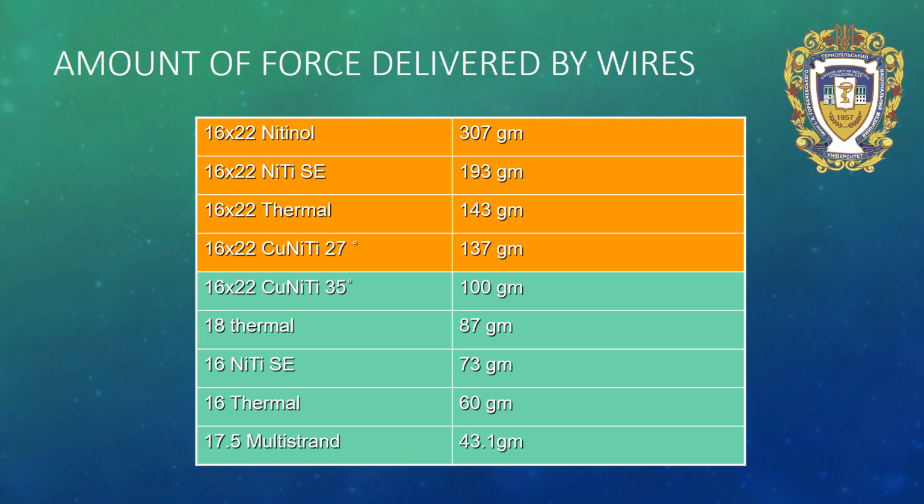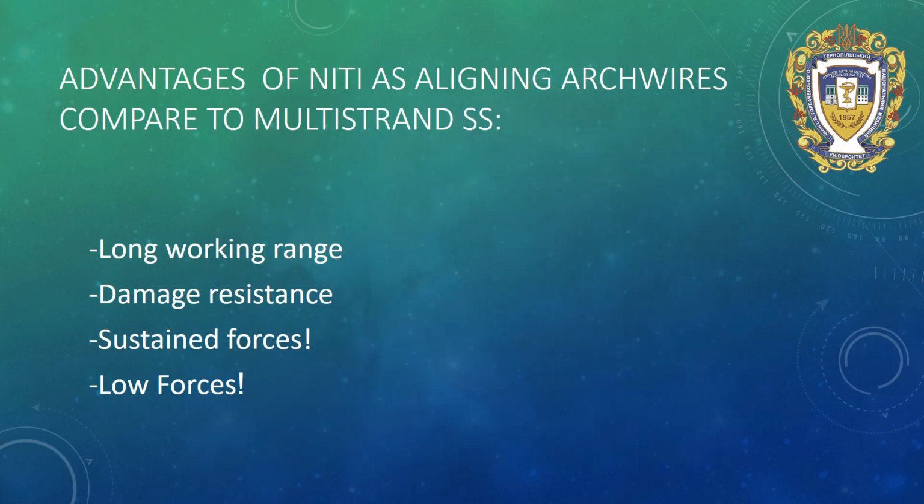The most force is delivered by size 16 to 25 traditional nitinol, 300 grams, but the minimum by multi-strand stainless steel archwires. Advantages of nitinol as aligning archwires compared to multi-strand stainless steel: a long working range, damage resistance, sustained forces, and low forces.